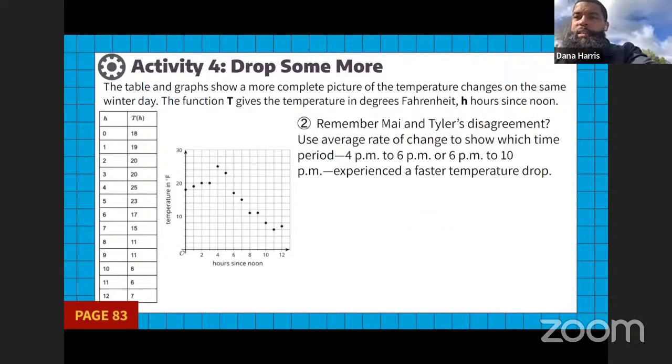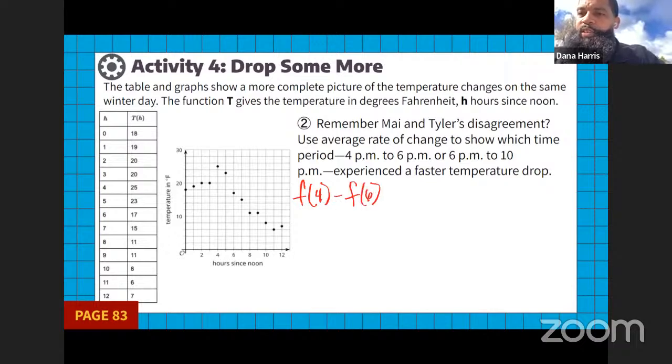Last but not least, in this piece, it says, remember May and Tyler's disagreement. Use the average rate of change to show which time period, between 4 p.m. and 6 p.m. or 6 p.m. to 10 p.m., experiences the fastest temperature drop. So when I look at 4 p.m. to 6 p.m., we're going to say f of 4 minus f of 6 over 4 minus 6.